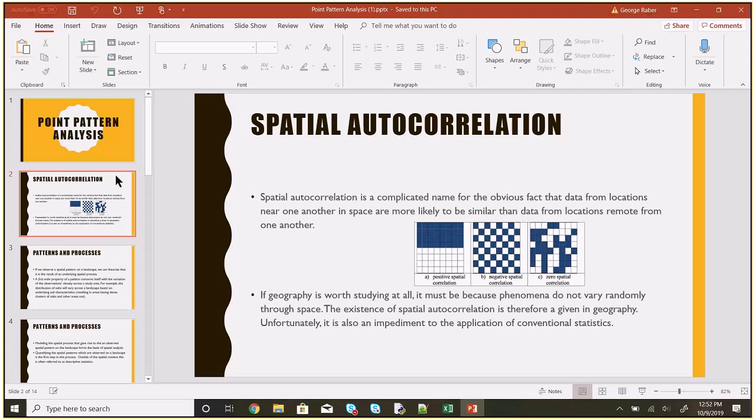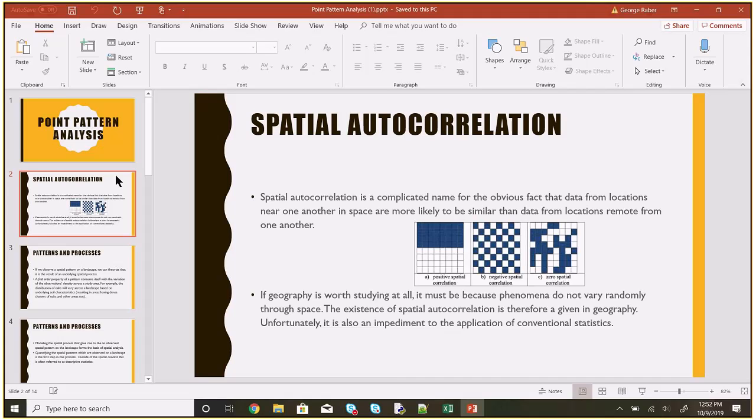So we talked about this concept of spatial autocorrelation. This is what we'll get into a lot more next week. There's more than one way to come up with a number that will represent those different patterns, so that we could say, this particular spatial pattern on the landscape is very clustered.